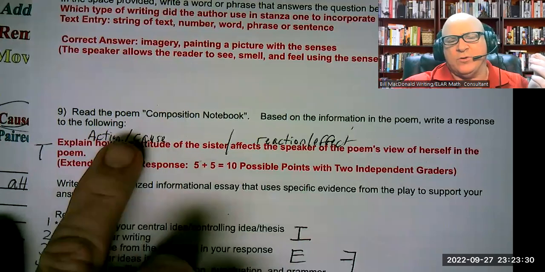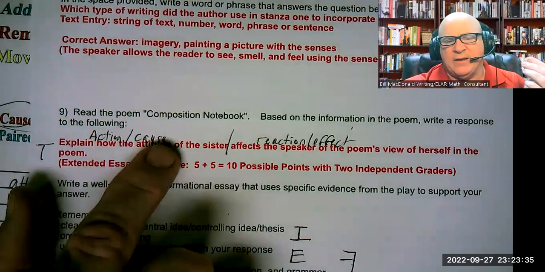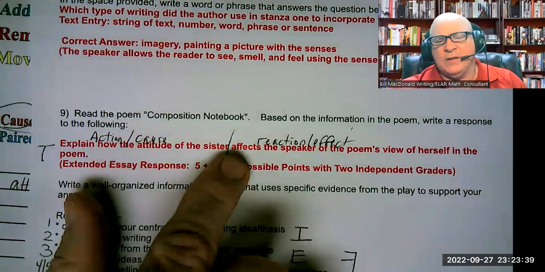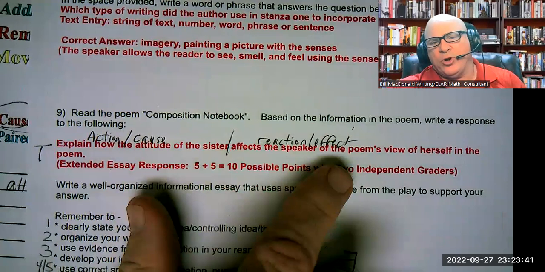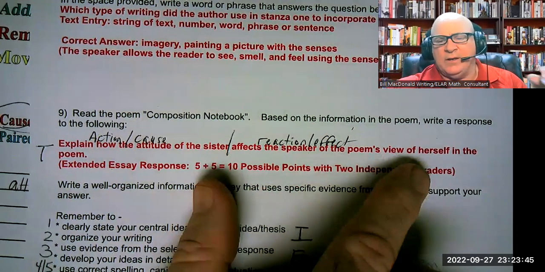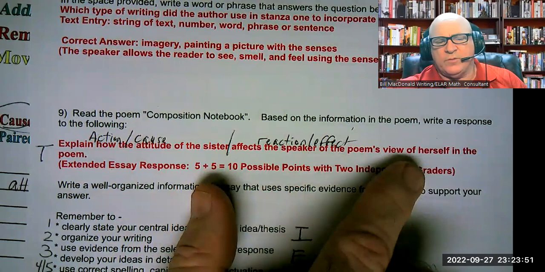What is the reaction? If that's what we're going to call the cause, then what's the effect? How does it affect the speaker of the poem in terms of her view of herself, either right now or in the past or in the future? It doesn't lock you into that, so you can type whatever you want in terms of your response.